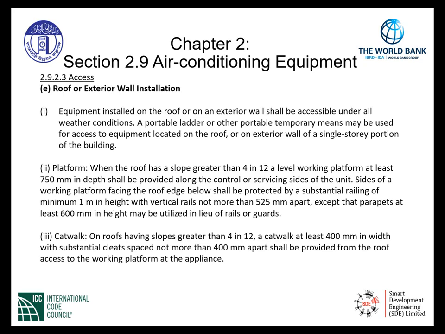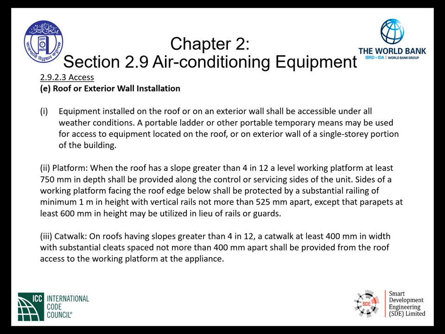Sides of a working platform facing the roof edge below shall be protected by suitable and substantial railing a minimum of 1 meter in height, with vertical rails not more than 525 millimeters apart, except that parapets at least 600 millimeters in height may be utilized in lieu of rails or guards.